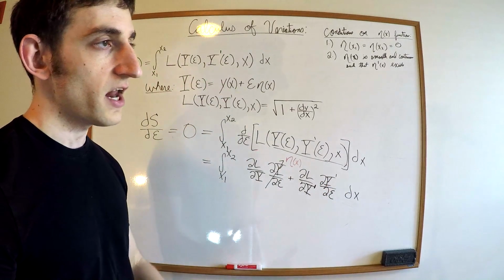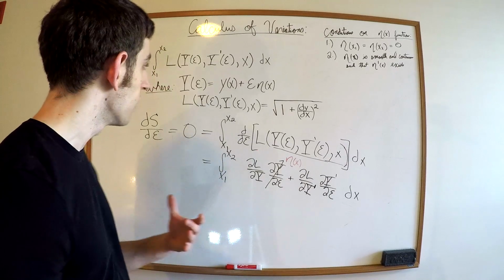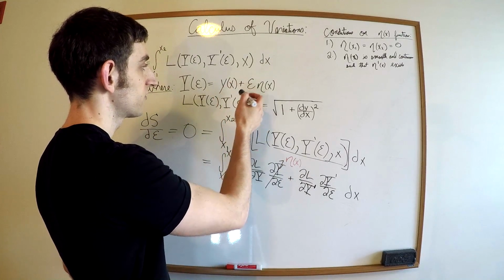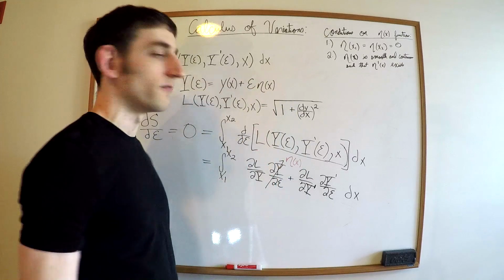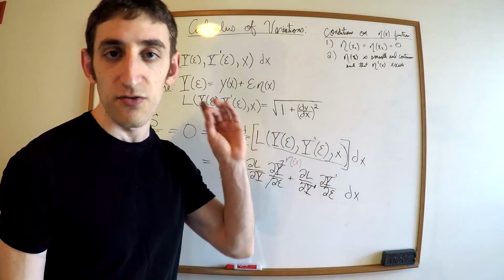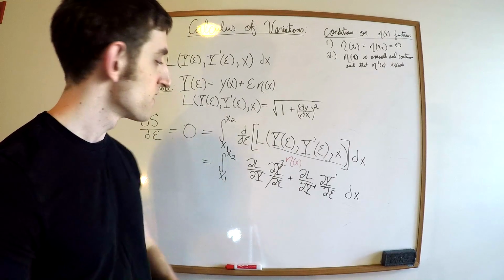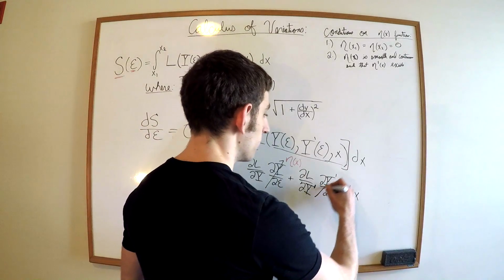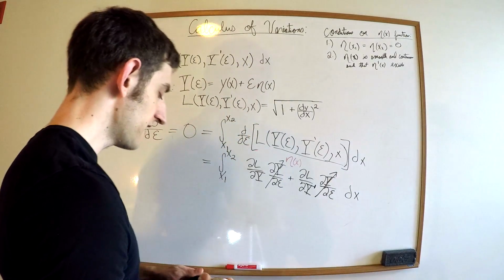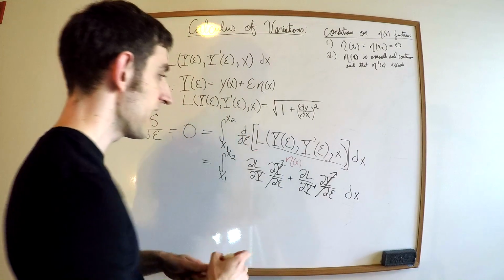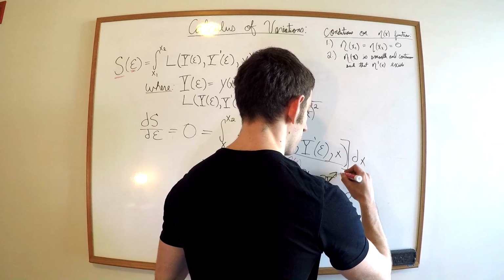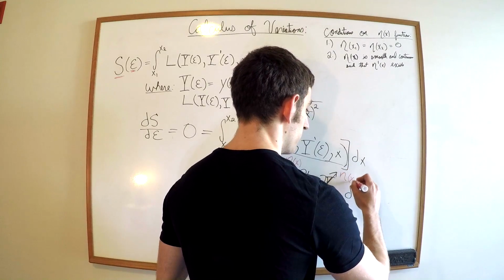When we differentiate, again, I showed it in a previous part of this video, we get y prime sub x plus epsilon times eta prime sub x, because we're differentiating with respect to x, and epsilon is not a function of x, it's just a constant, right? So when we do the same thing here, we end up with eta prime sub x.